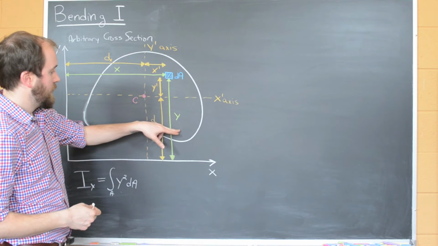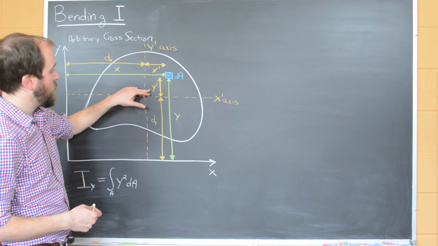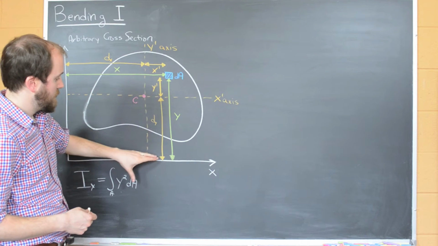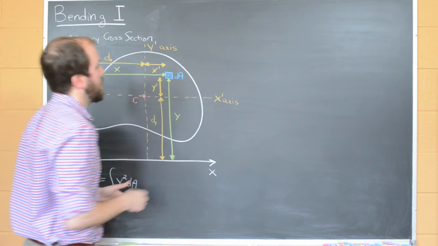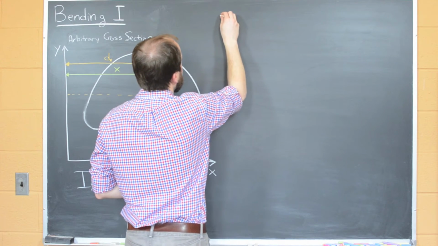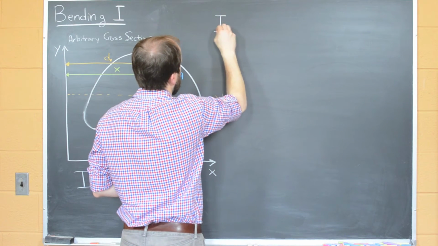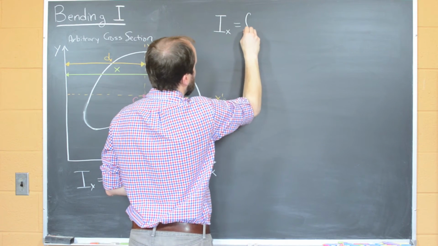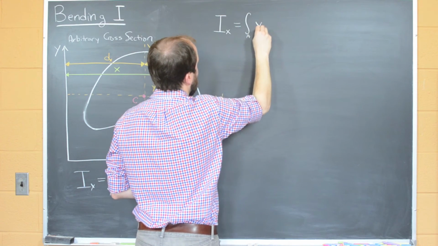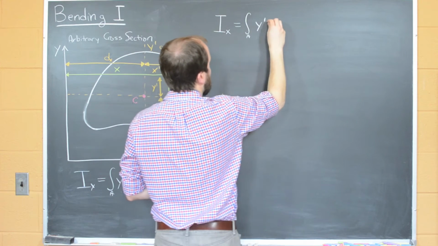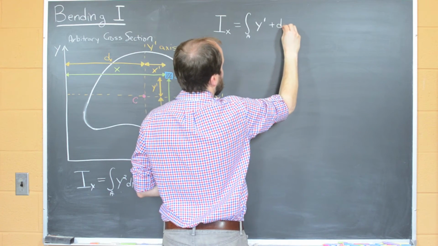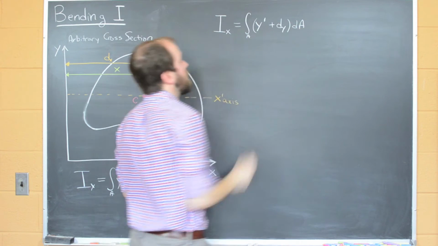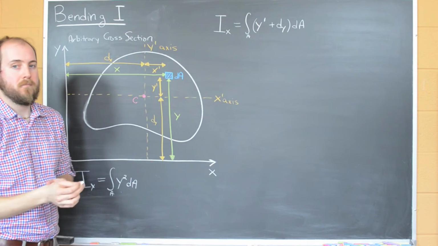Instead of it being in reference to y, we know that y prime plus d sub y, so the distance from here to here, is equal to the same thing. And so we can go back and recalculate I sub x as the integral over the area of (y prime plus d sub y) squared dA.